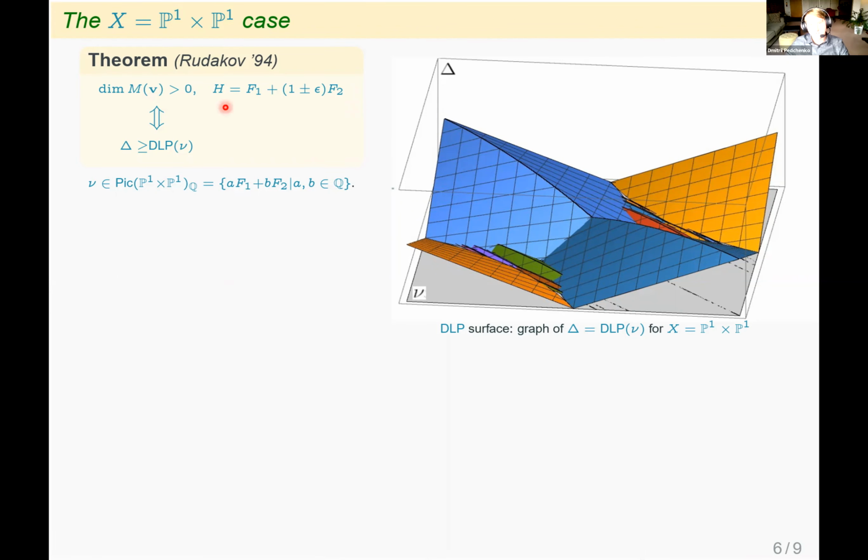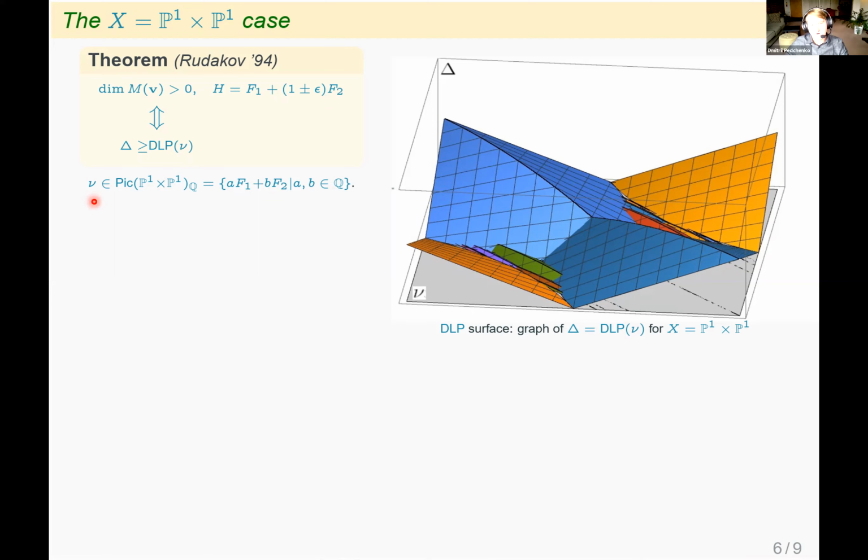So here, this is the polarization I'm using. The anti-canonical polarization would be just F1 plus F2, but in this case, the moduli space wouldn't be nice enough for our purposes. So we perturb one of the components a little bit to get a nice moduli space.